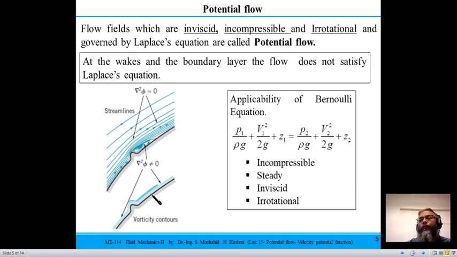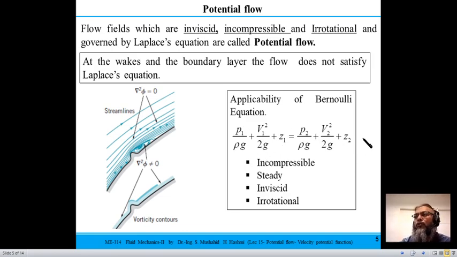As you know from your fluid mechanics 1 knowledge, you have used Bernoulli's equation, which is actually the pressure head, the velocity head, and the altitude head. So these heads at section 1 and section 2 are balanced because the energy is conserved.